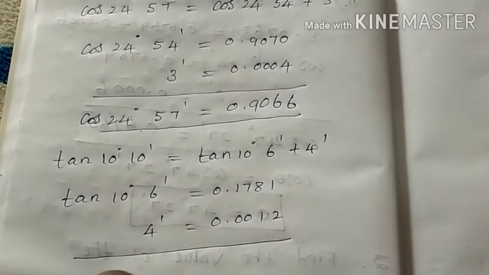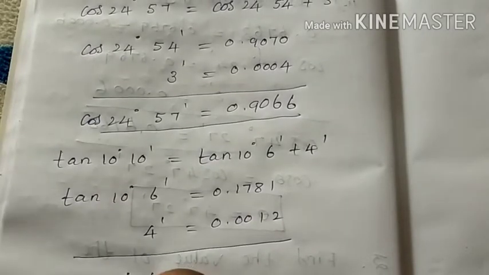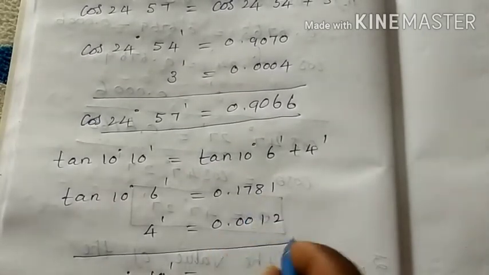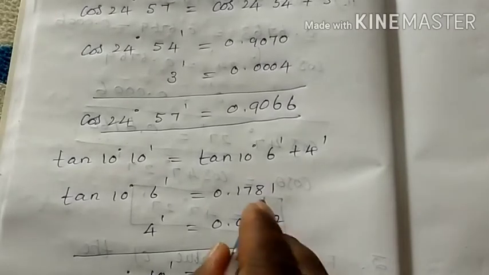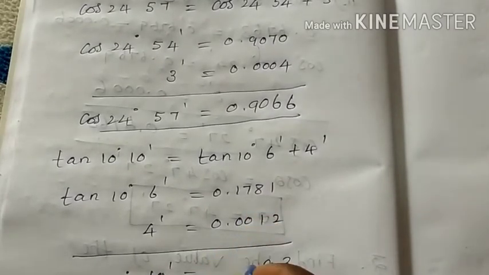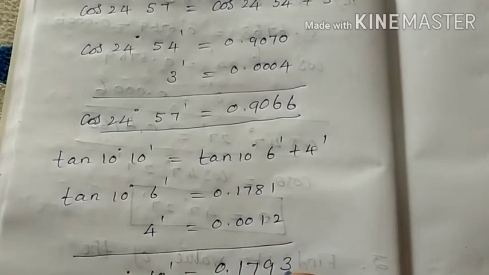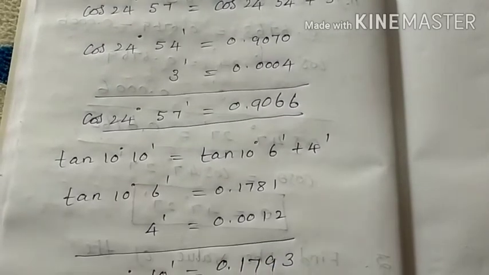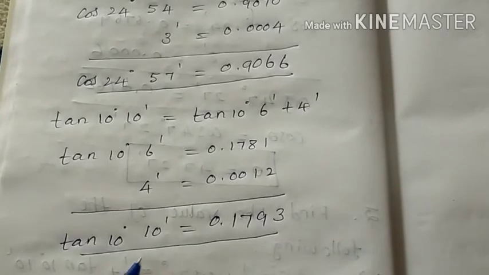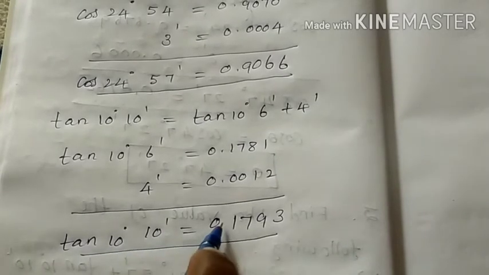So tan 10 degrees 10 minutes equals the sum of the two values: 1 plus 2 is 3, 8 plus 1 is 9, 7 plus 0 is 7, 1 plus 0 is 1. So 0.1793. Tan 10 degrees 10 minutes equals 0.1793.